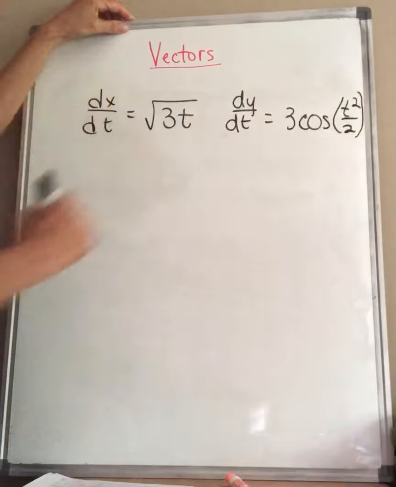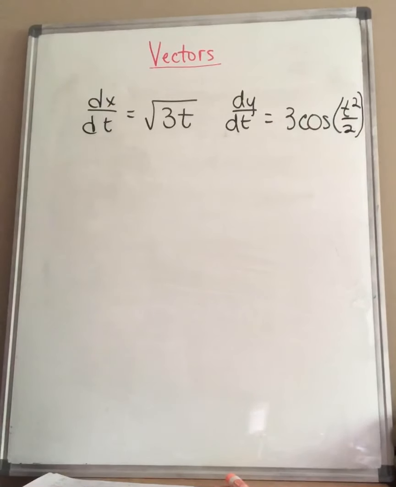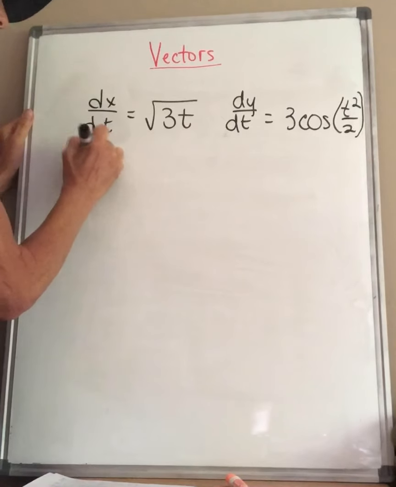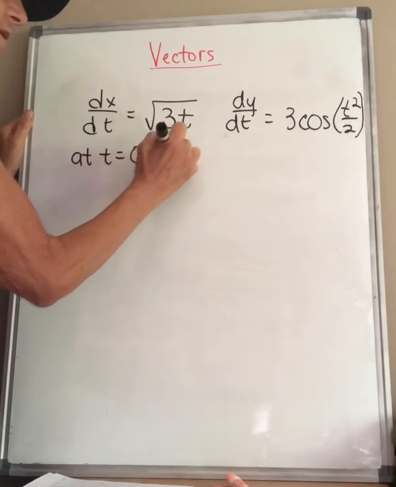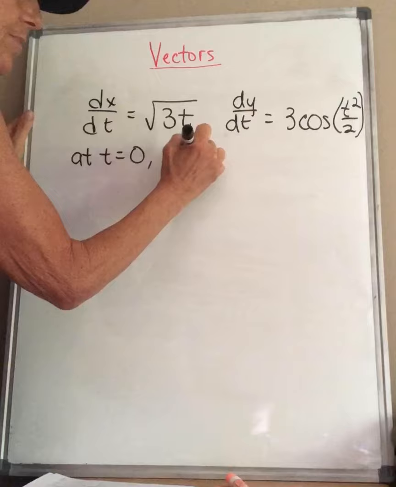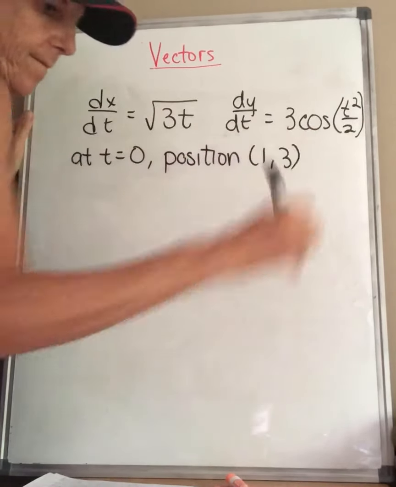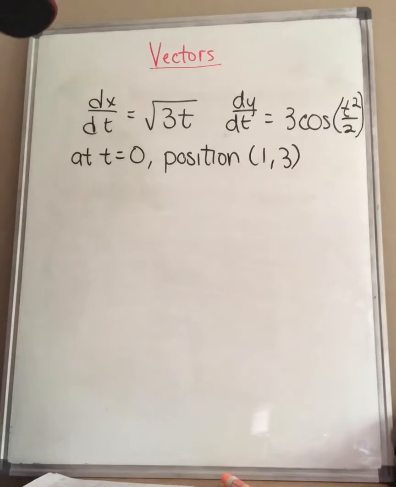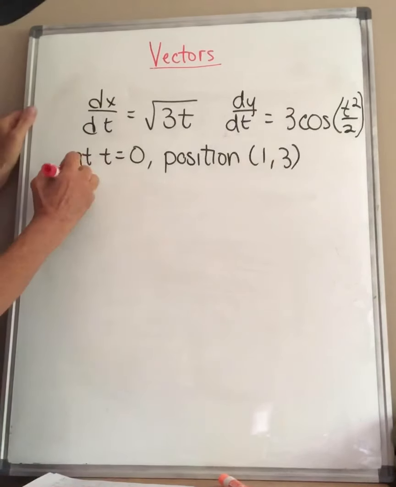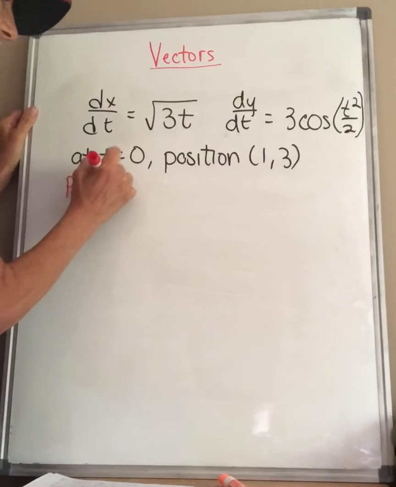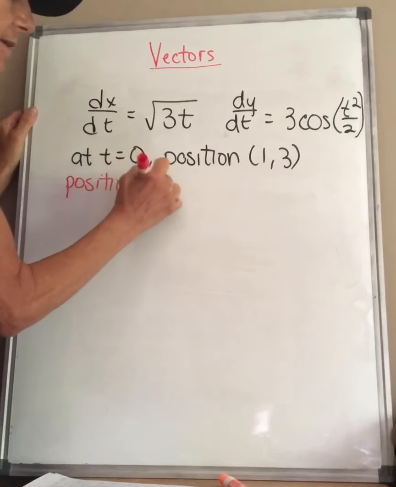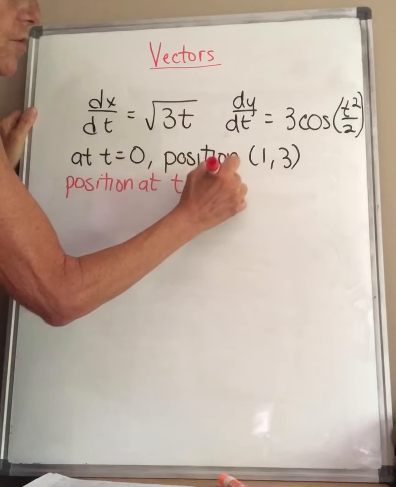These are calculator questions, so you should have your calculator out. I'm also going to tell you that at time equal to 0, my particle is at position (1, 3). That information is given to you, and my question is to find the position when time is equal to 4.